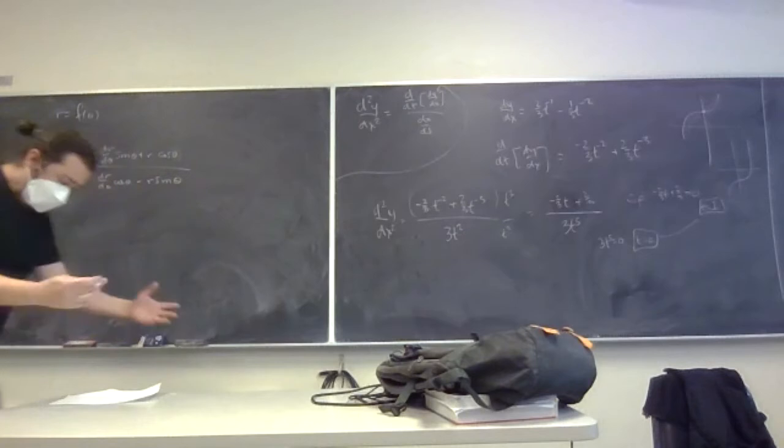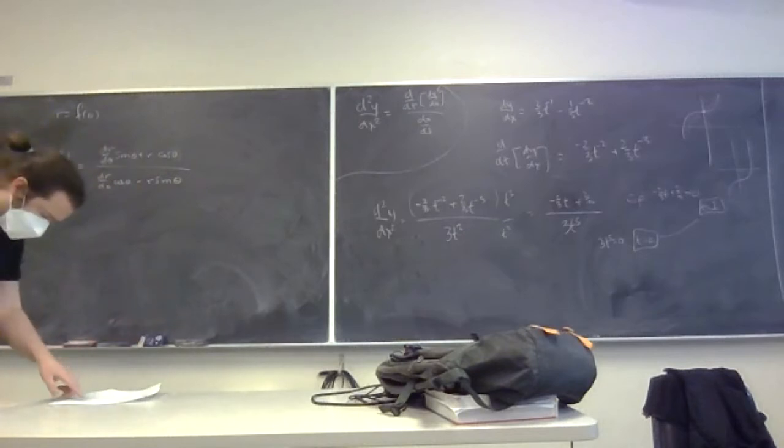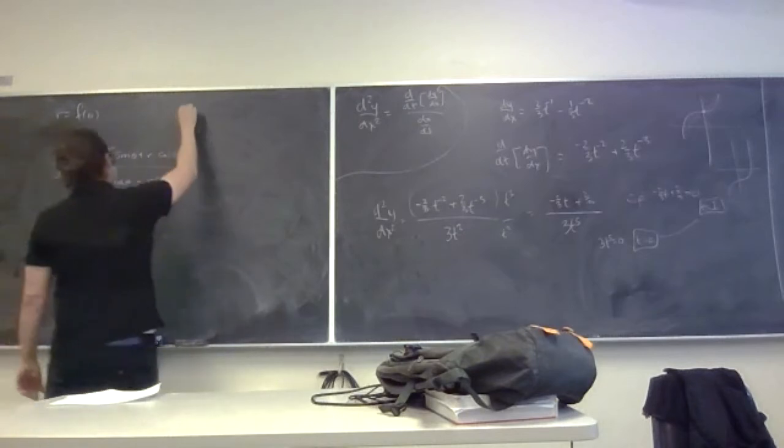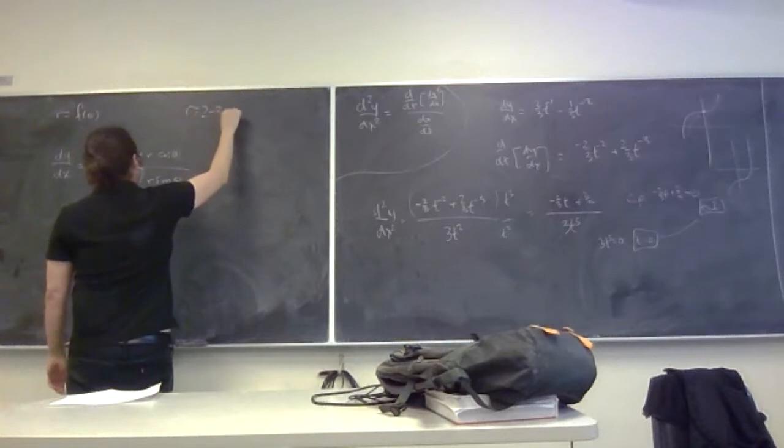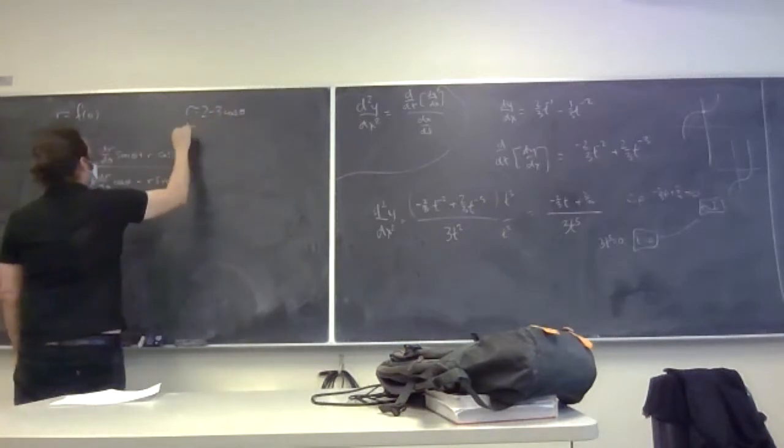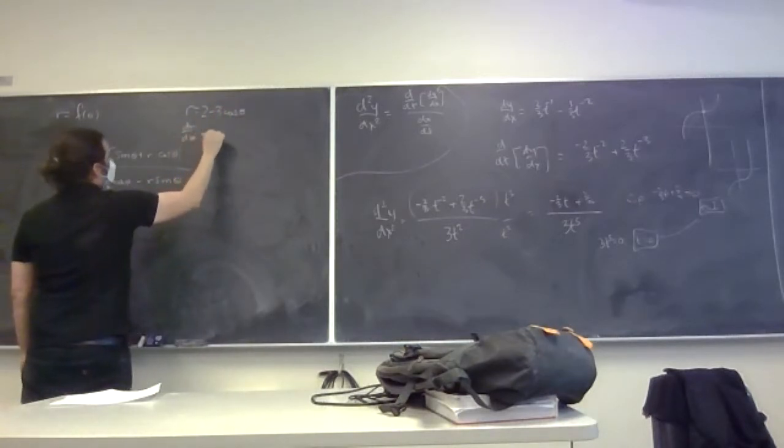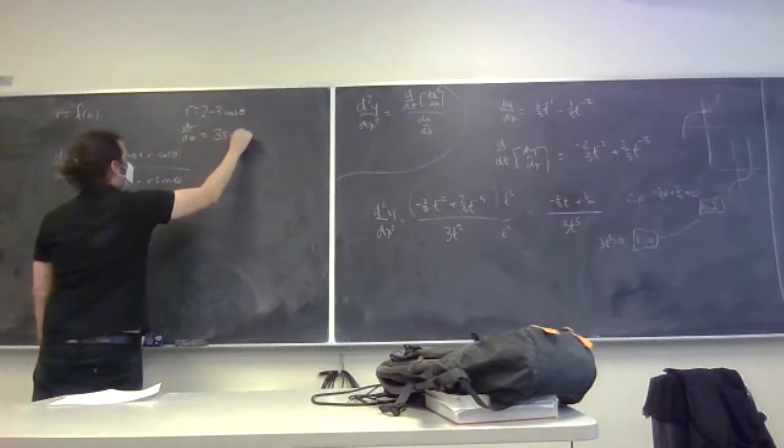Okay, so the particular function that we're dealing with here is r equals 2 minus 3 cosine theta. So dr d theta is equal to 3 sine theta.